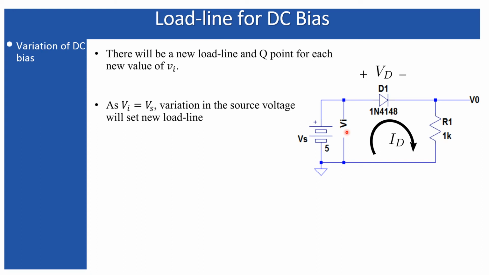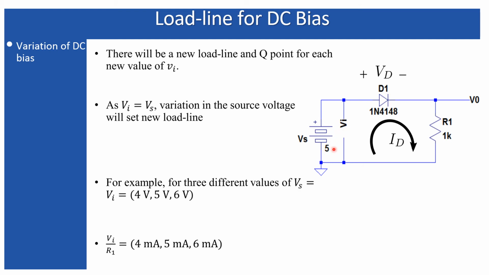Variation of Vi means the intersection points will vary both at the voltage axis and the current axis, because the intersection point at the voltage axis is Vi itself, and the intersection point with the current axis is Vi by R1. So if Vs varies, Vi also will vary, and that variation will be reflected by varying the load line.